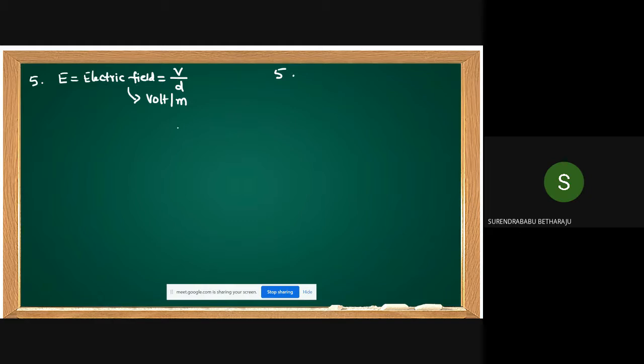Here we define the magnetic field intensity H, that is MMF per unit length, Ni by L. What are the units of magnetic field intensity? Ampere turns per meter.